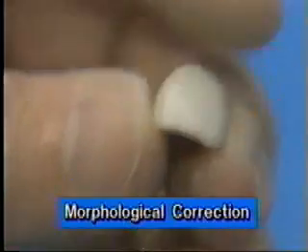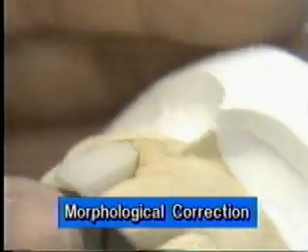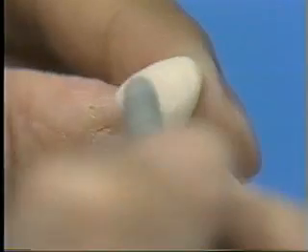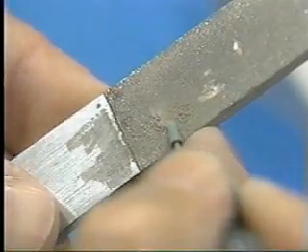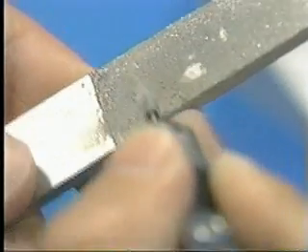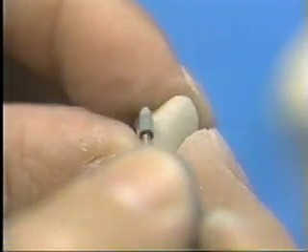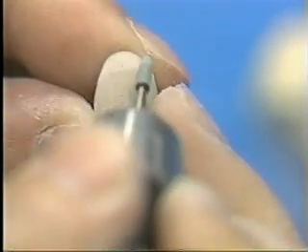Next, we come to the morphological correction of the crown. Adjust the contour on the labial side according to the symmetric tooth with a carbon random point. Select a small carbon random point and dress the tip sharp with a diamond dresser. Polish the cervical and interproximal surface with this point.